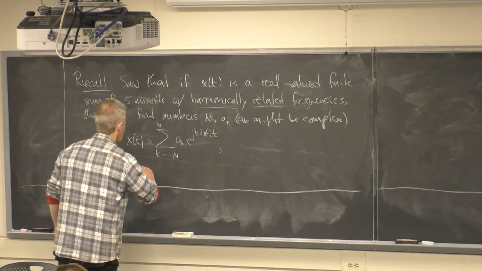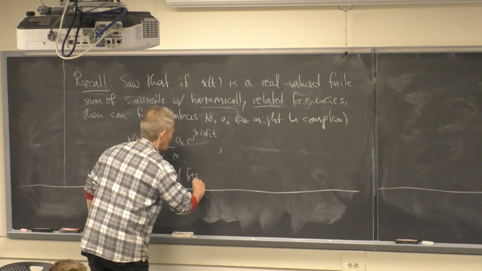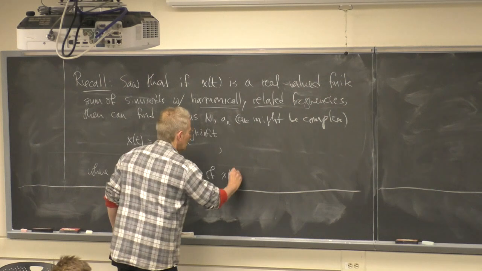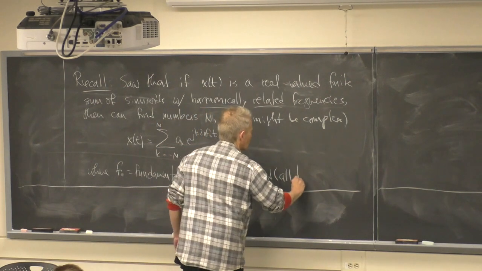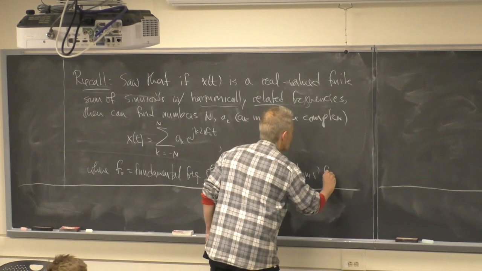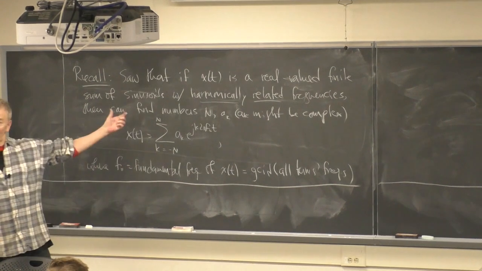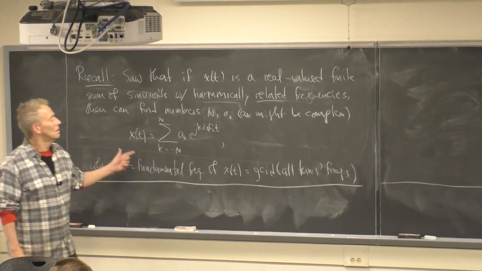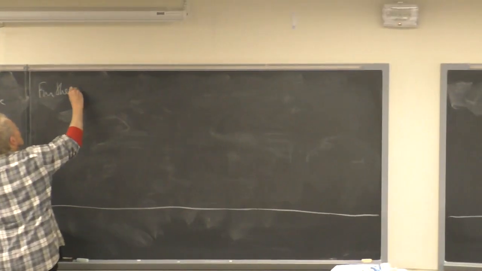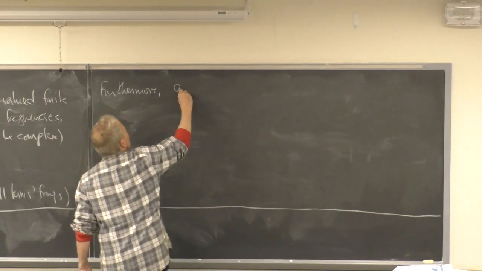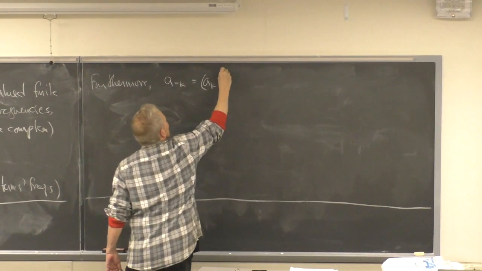That turns out to be the fundamental frequency of x of t. And the real valuedness of x of t gives you conjugate symmetry, namely a sub minus k is the complex conjugate of ak for all k.